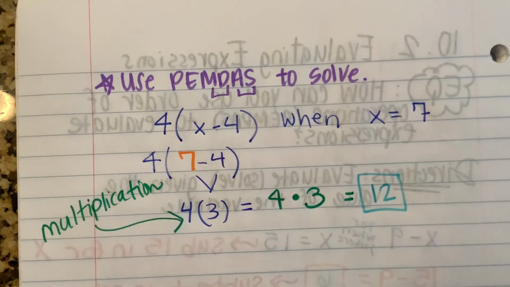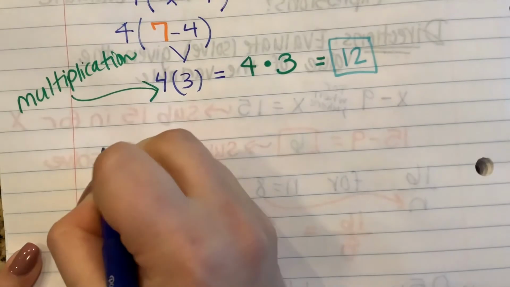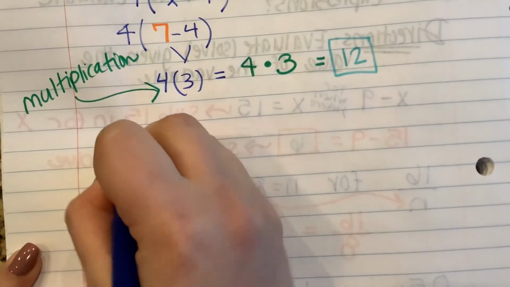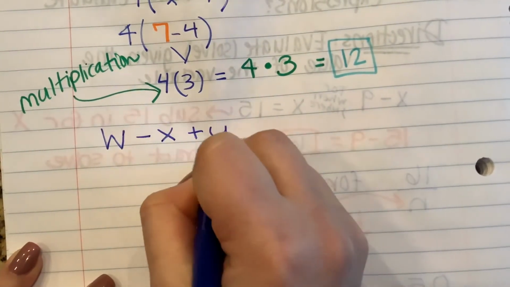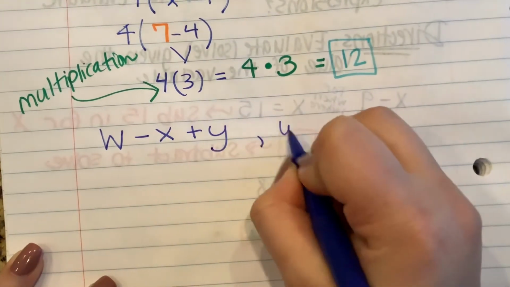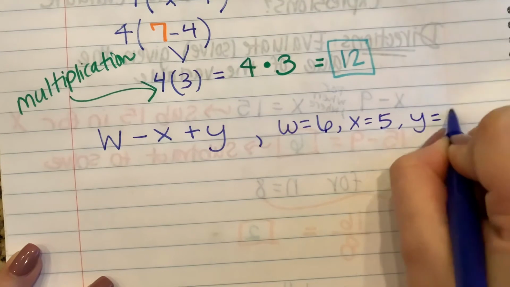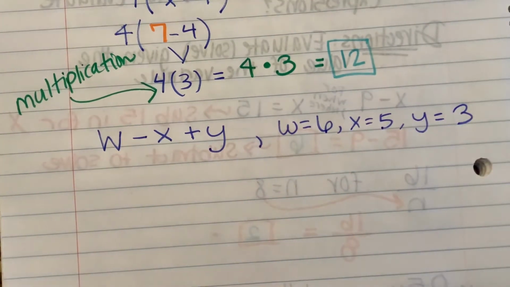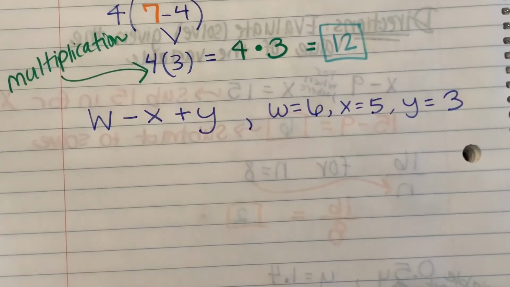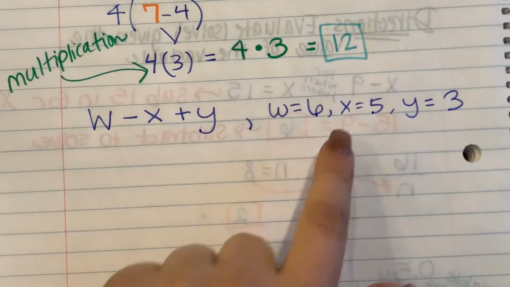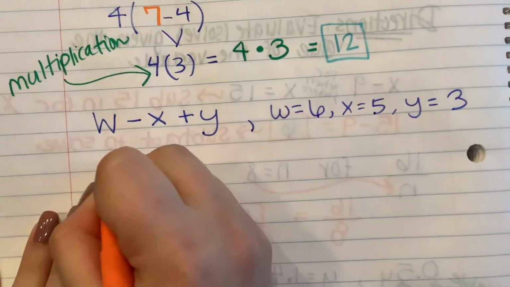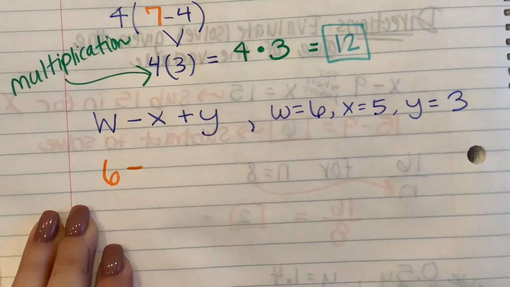Let's try another, more challenging one. This problem is w minus x plus y, comma, w equals 6, x equals 5, and y equals 3. So I need to substitute in 3 numbers this time. My number for w is 6, so I'm going to put 6, bring down my minus.